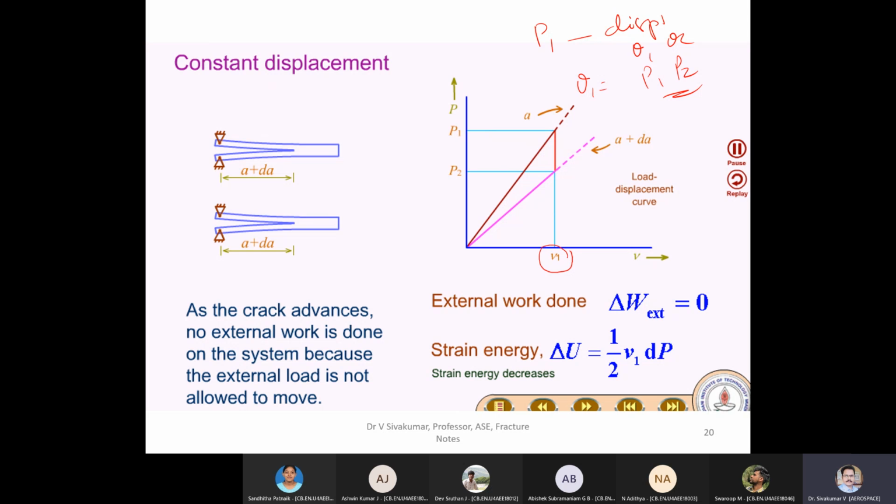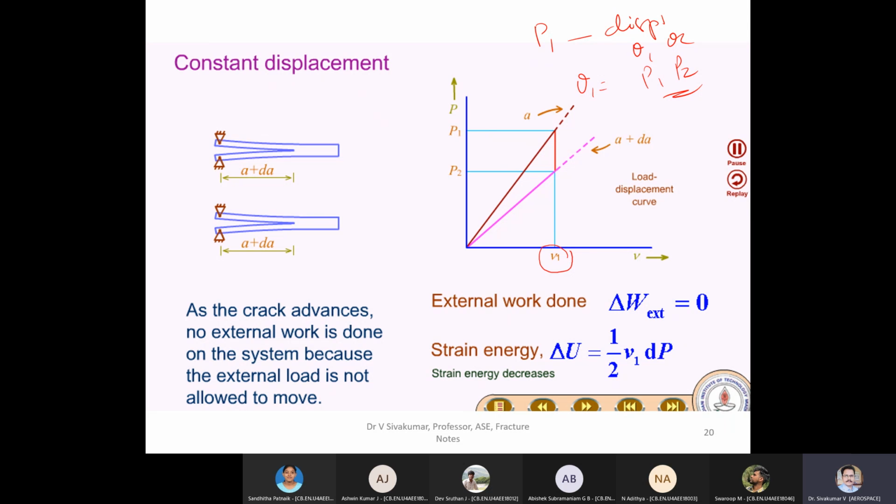How? Because either thing can happen, no? Load keeps increasing and displacement also keeps increasing, so at a particular instant it can be a load approach or a displacement approach. What is the energy?